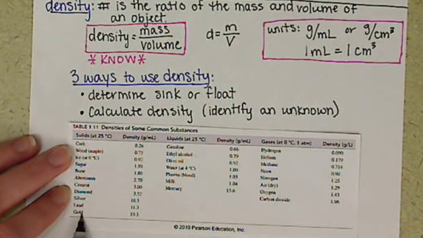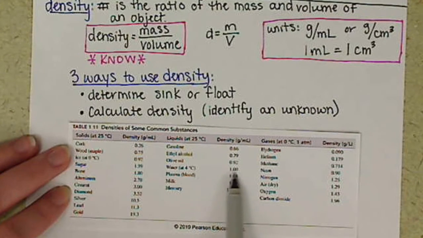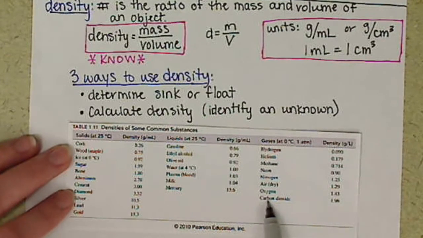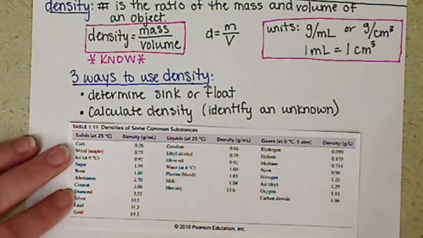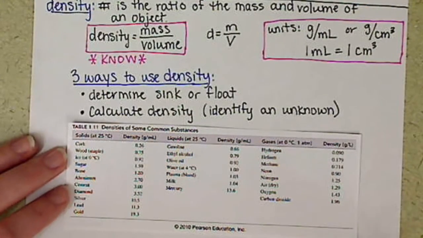You have densities of your solids, densities of liquids, particularly your water here. Very important for us is the density is 1 gram per milliliter. And then you have your density of gases, which, because gases are not very dense, are usually given in grams per liter instead of grams per milliliter.